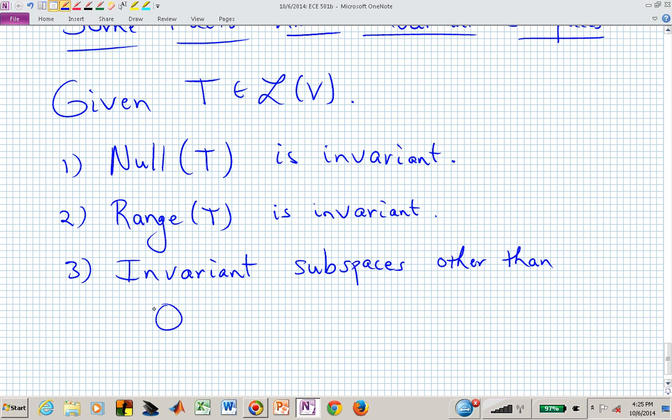Well, the zero vector is an invariant subspace. That's kind of a benign subspace. Another subspace that's invariant is the whole vector space V. That's a subspace. But we can find other subspaces.